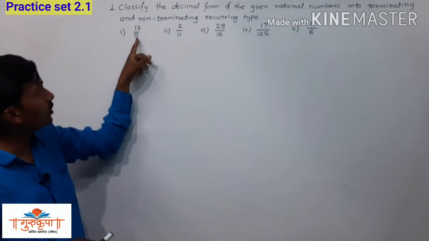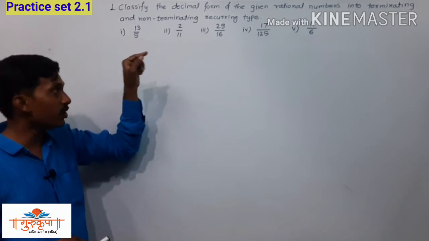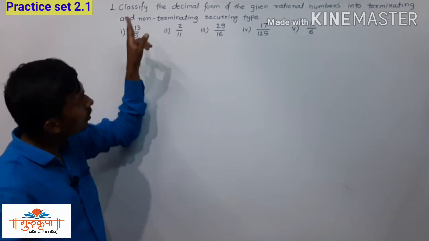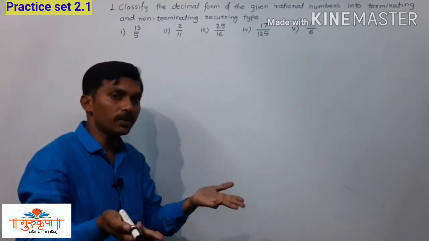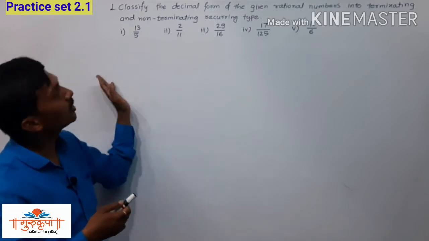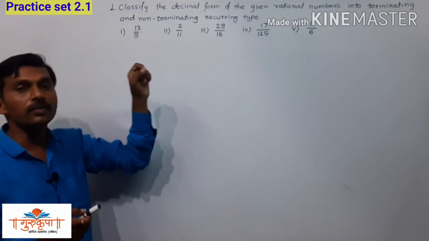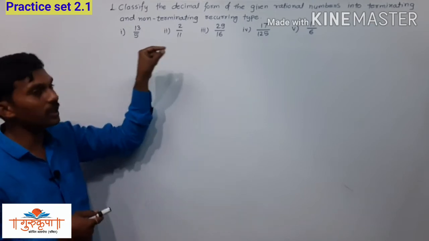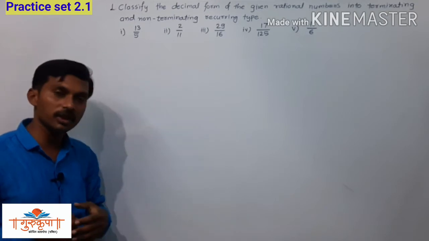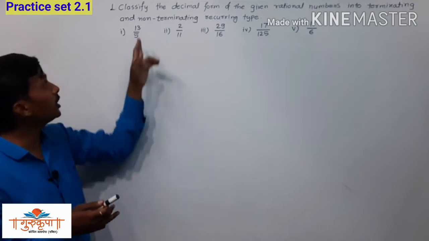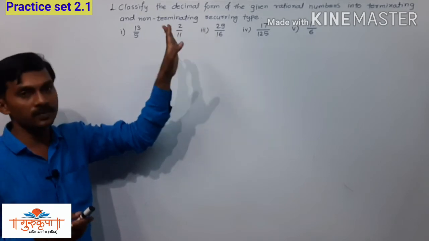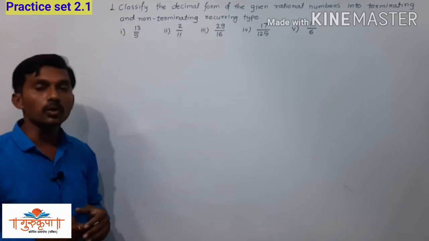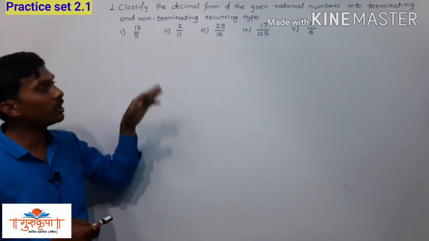If the prime factorization of the denominator of the given number is of the form 2 or 5 or 2 into 5, then that number is definitely terminating decimal form. And if other number is there in the prime factorization of the denominator other than 2 and 5, then definitely it is non-terminating recurring type. But before that we have to determine whether the numerator is totally divisible by the denominator or not.